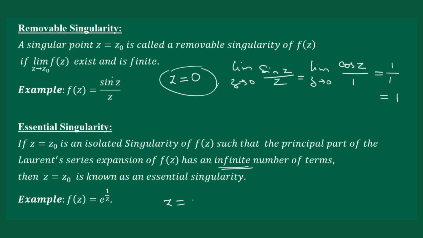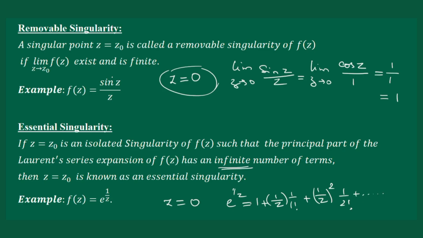Here again, at z equal to 0 only the function is not analytic, so z equal to 0 is called the singular point. Why it is called an essential singular point: if you expand, for example, e power 1 by z, the expansion is 1 plus (1 by z) by 1 factorial plus (1 by z) whole square by 2 factorial, and it goes on like this.